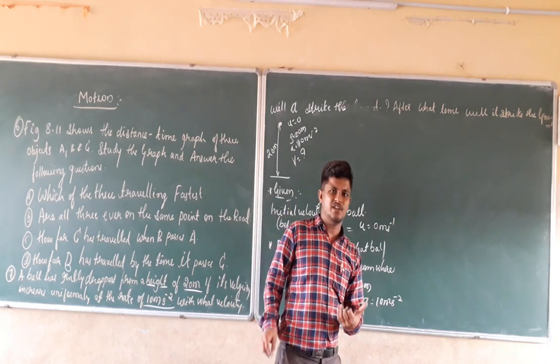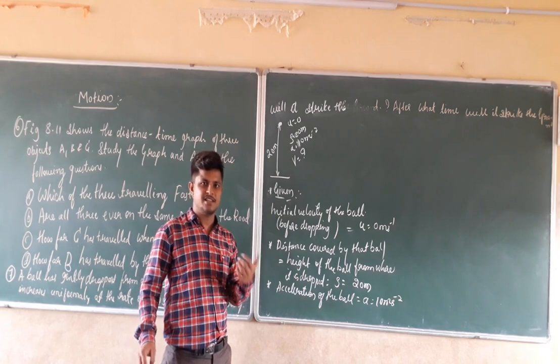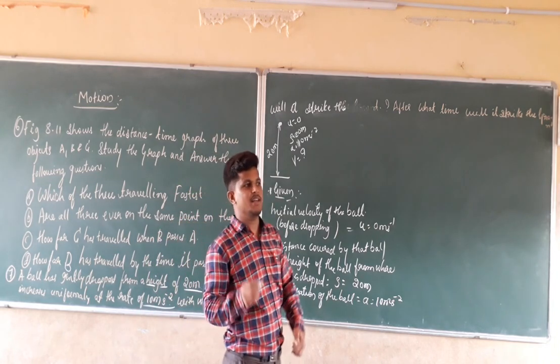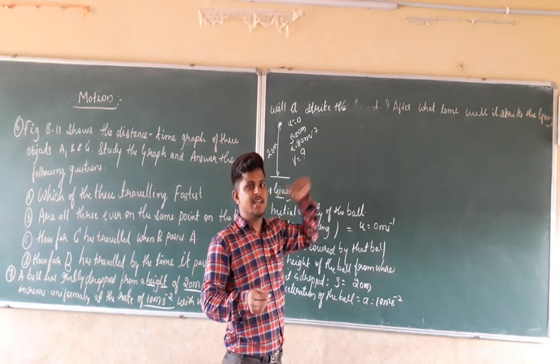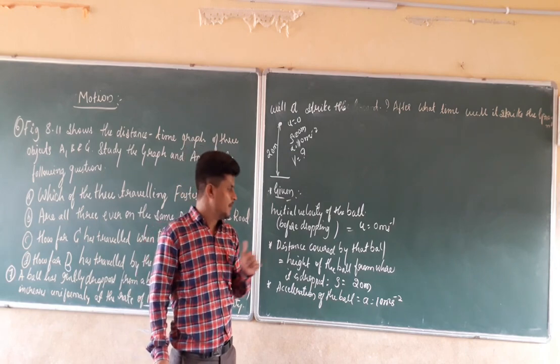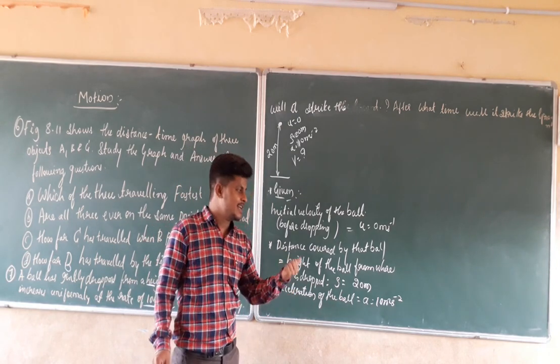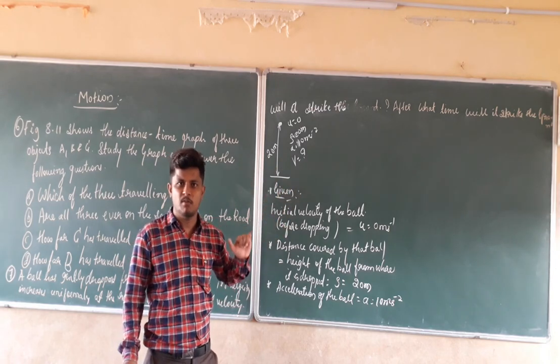In the previous question, we threw the ball vertically in the upward direction. In the previous class, we discussed that question: a ball is vertically thrown upward. Then we took the acceleration as negative, minus 10 meter per second square. But in this case, we are going to take the acceleration as a positive value. Why is it different in this problem?